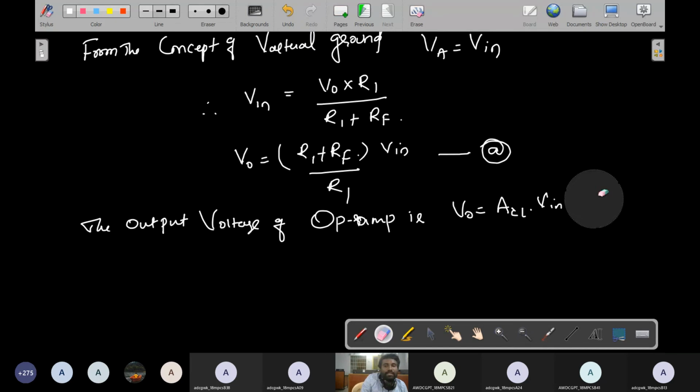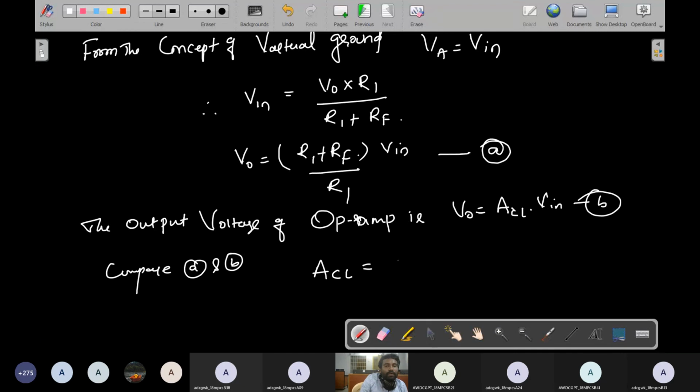This is equation B. Compare A and B, then you will get ACL is equal to R1 plus RF divided by R1.